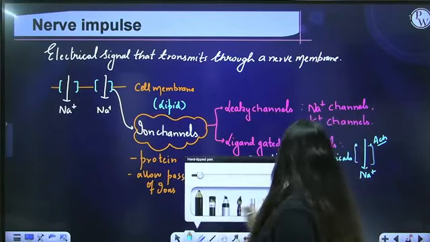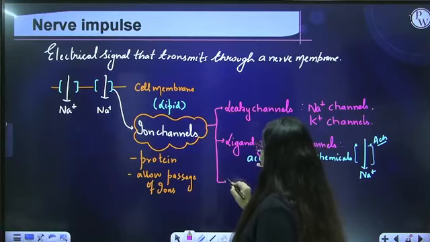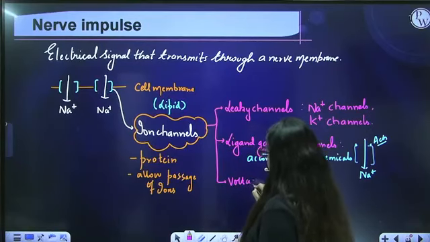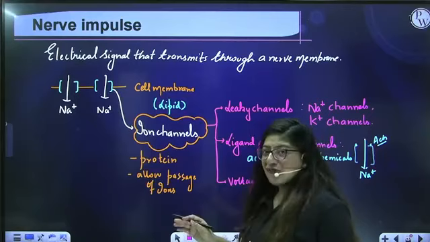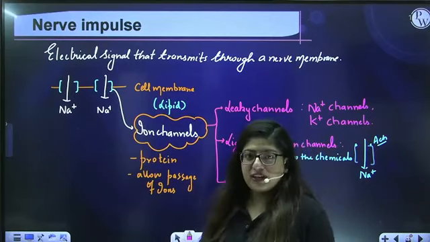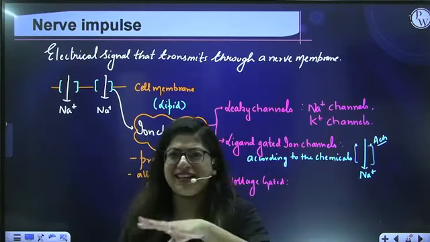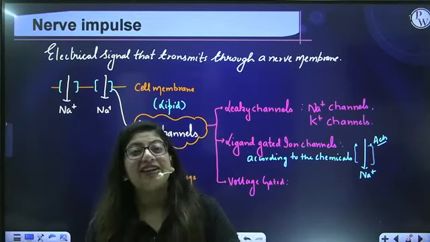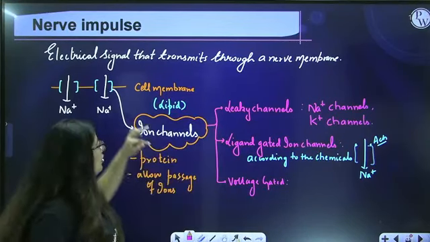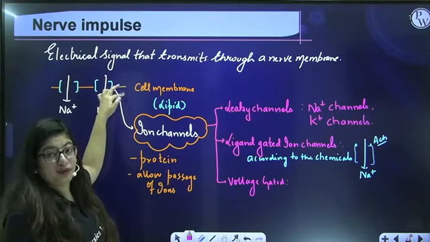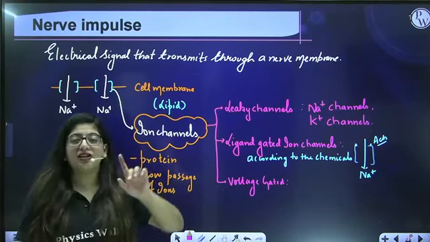Right? And then we have the voltage gated ion channels. Now, what are these? If there is a change in the potential difference, the same thing you study in physics, right? If there is any change in the potential difference across the cell membrane of the neuron, only then these ion channels will open.